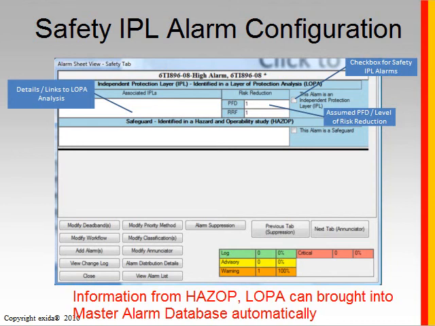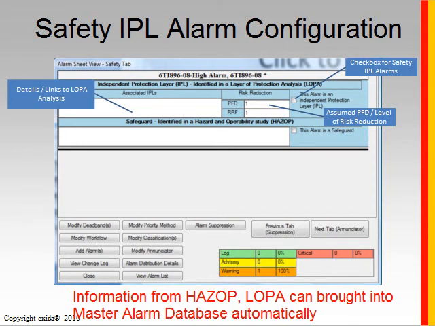Rationalization is also the stage in the alarm management life cycle where the design details of the safety life cycle really are brought into the picture. In particular, the results that come from a LOPA analysis or a HAZOP analysis.